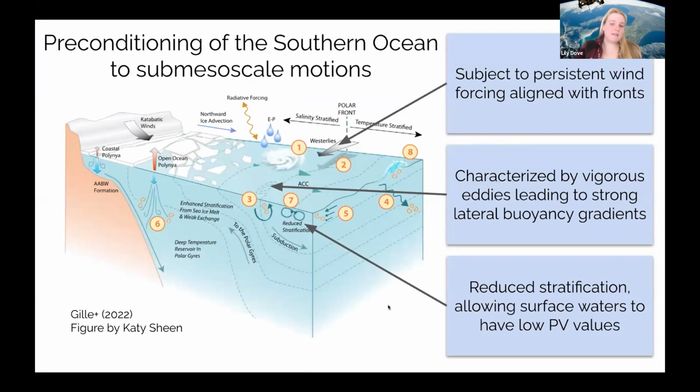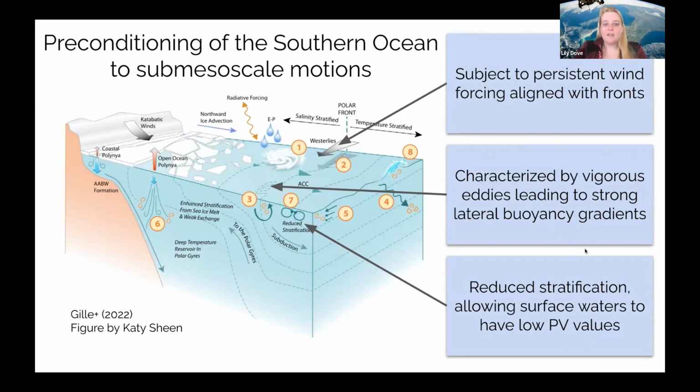And I should say that the Southern Ocean, which is where I'm going to be focusing today, is really preconditioned to submesoscale motions. There are a lot of things that precondition a region, but some of them are persistent wind forcing aligned with fronts, which we get regularly in the Southern Ocean. There are also vigorous eddies, which lead to strong lateral buoyancy gradients or density gradients, which I'll be talking about a lot more later on.